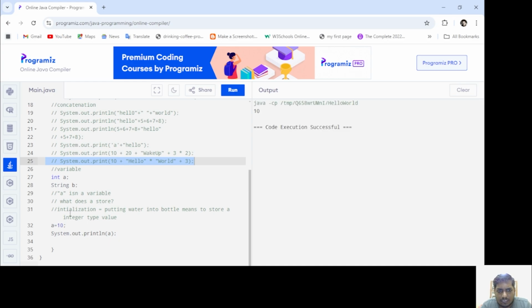I have taken the integer type variable called a, and in a I store an integer value, positive or negative.